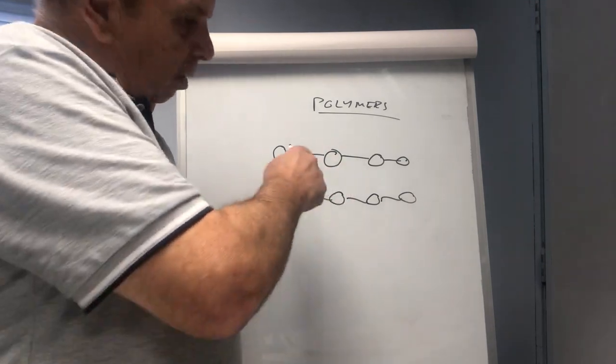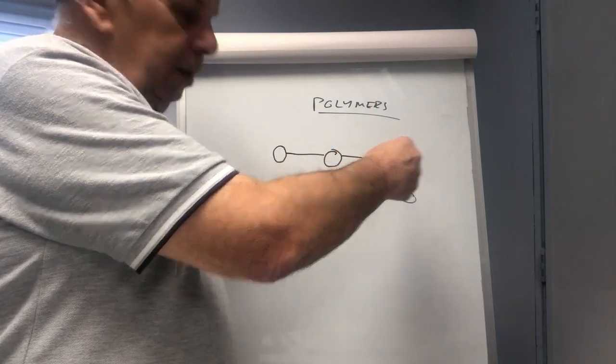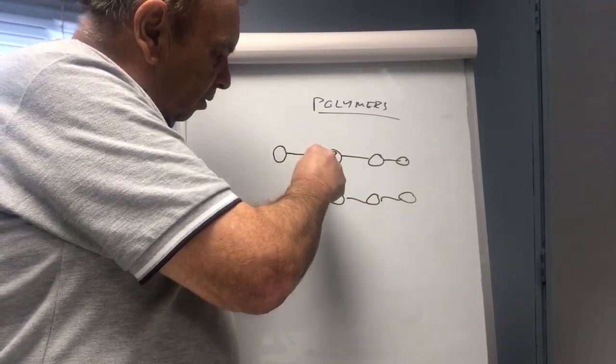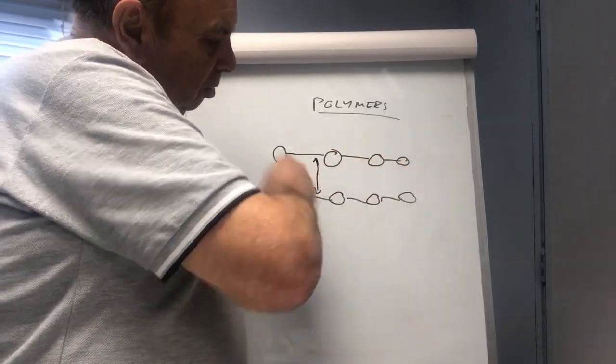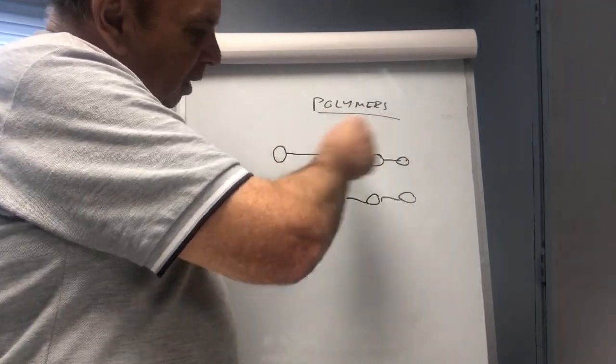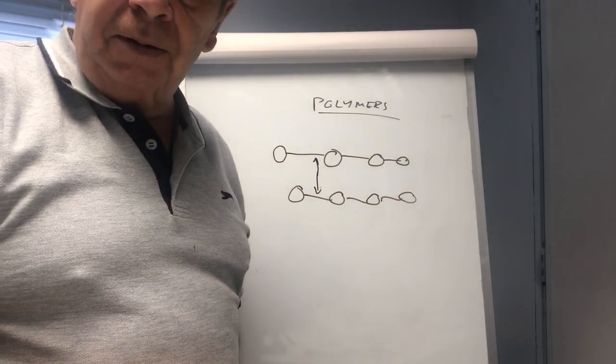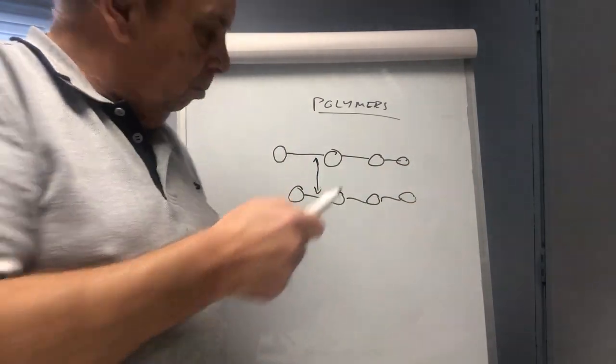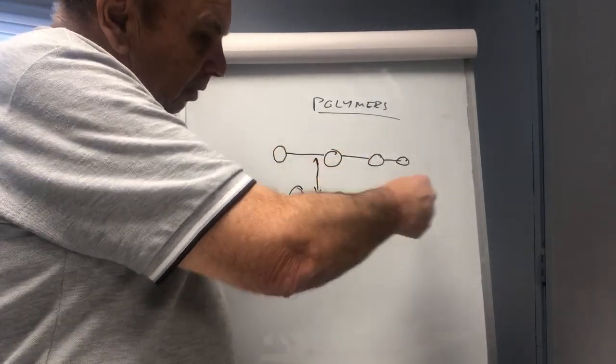There's one polymer chain, a second polymer chain, and there's a force linking them together in 3 dimensions, intermolecular forces between that chain and that chain.